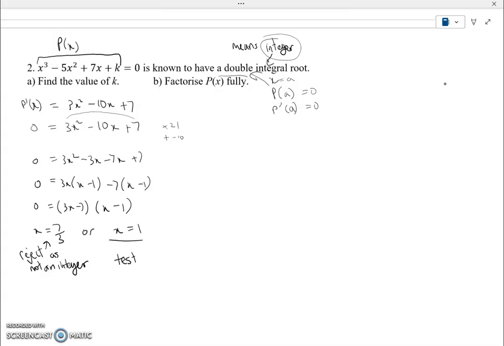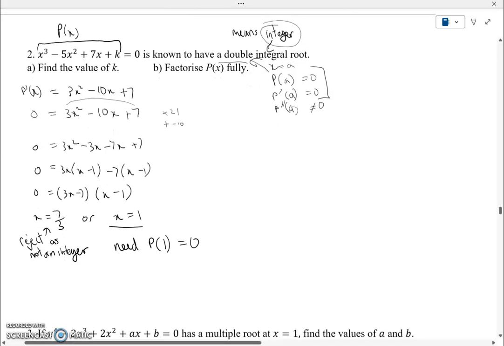Obviously p double dash will not equal 0, but because I know it's a double integer, I'm just going to check this. So I'm just going to test p of 1. Actually, there's a k there, so I need p of 1 to equal 0, and that's how I'm going to work out k.